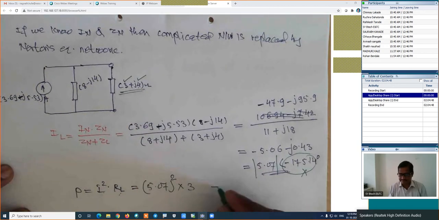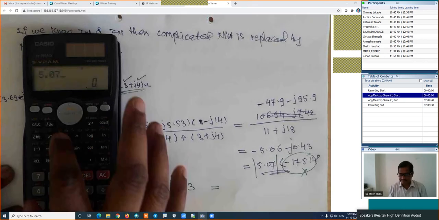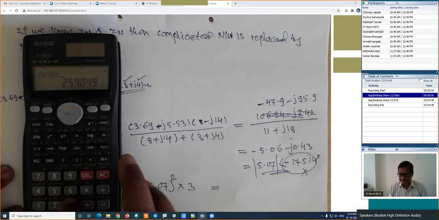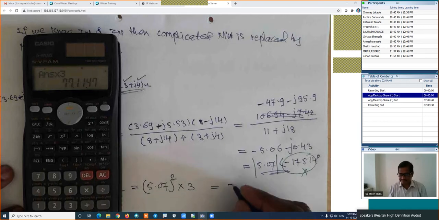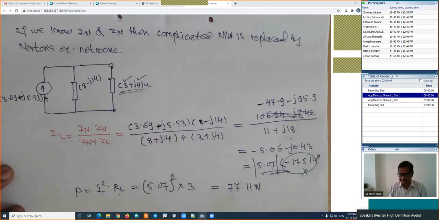This is the power, 5.07 its square into 3, which is nothing but 77.11 watt. This is the power transferred to the load in this case.